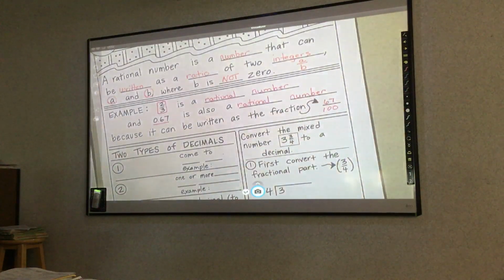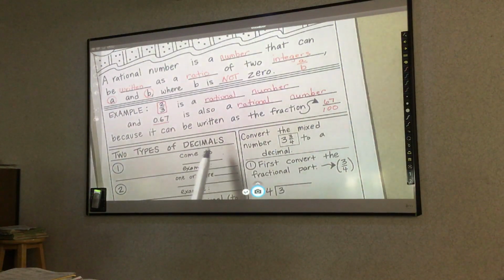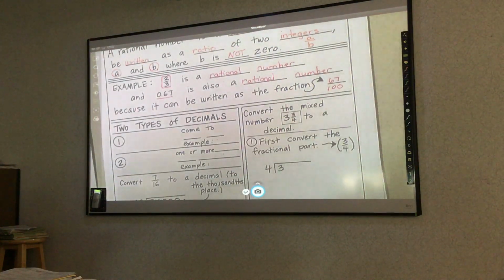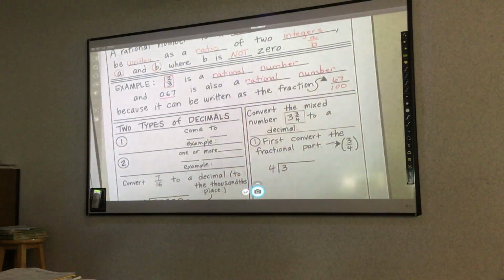Okay, here we have two types of decimals. Two types of decimals we are going to focus on is one that both of them you guys know. When it stops, there's a special word for that. Instead of saying the decimal ends or the decimal stops, does anybody know what it means when it stops? What we're going to use, Sander?